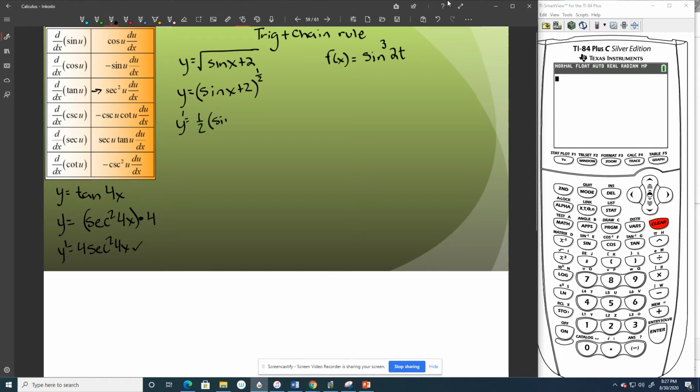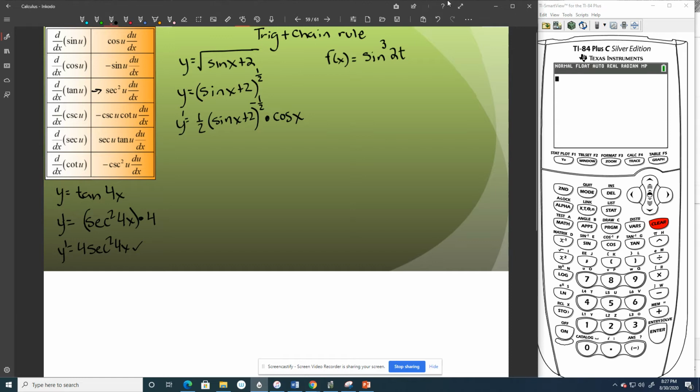I leave the inside the same, sine of x plus 2. And then I have to minus 1 from my exponent. So 1/2 minus 1 becomes -1/2. And I'm not done, because I need to remember, chain rule, multiply by the derivative of the inside. Well, the derivative of 2 is just 0, but the derivative of sine x is cosine x.